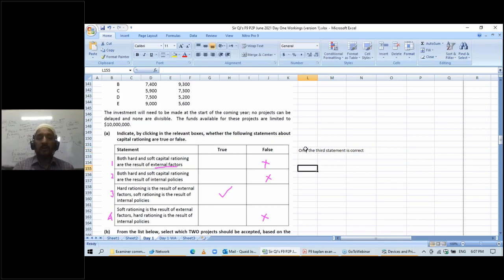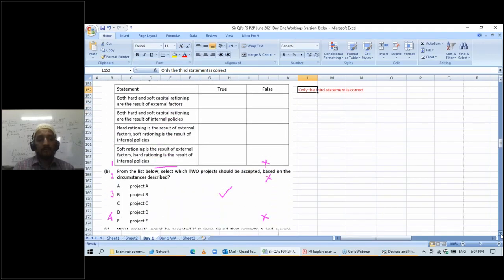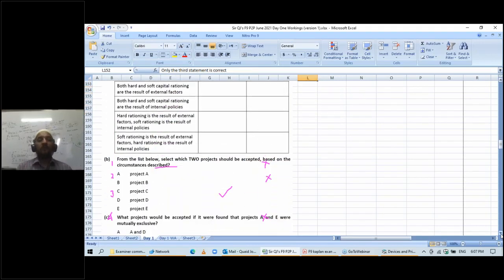Okay, now moving on to the next part of this capital rationing question. Requirement B. From the list below, select which 2 projects should be accepted based on the circumstances described.